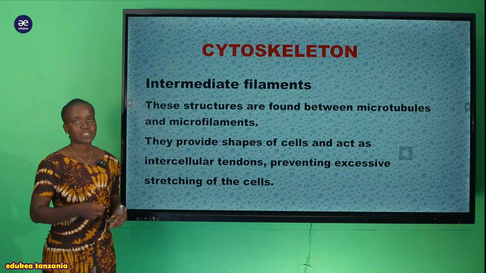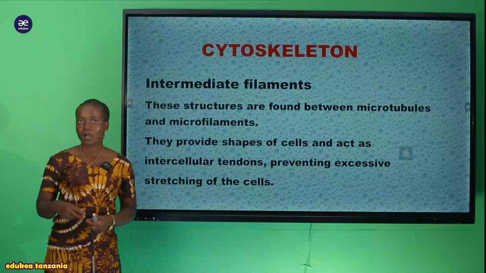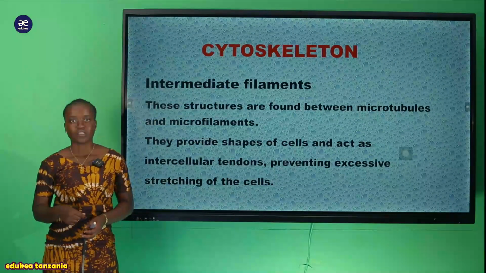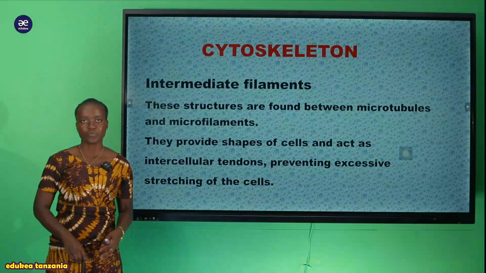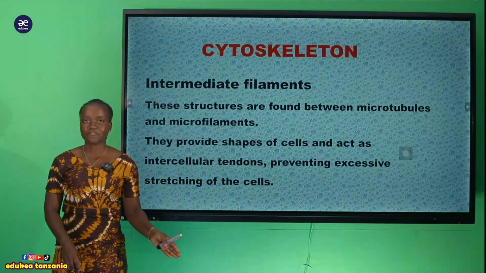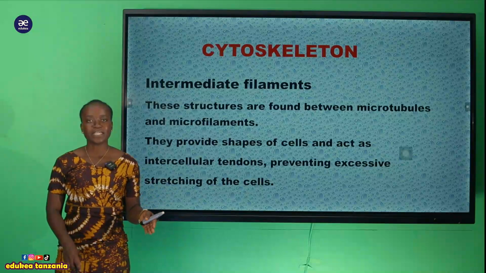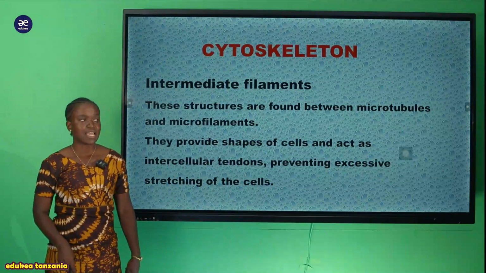So this intermediate filament tends to prevent that excessive stretching of a cell. So that's all about the cytoskeleton. Huo ndio mwisho wa cytoskeleton, ambayo tuliona ya kwanza inaitwa microfilament, tukaja ya pili ambayo inaitwa microtubules, na hii ndio ya tatu ambayo tunaita intermediate filament.